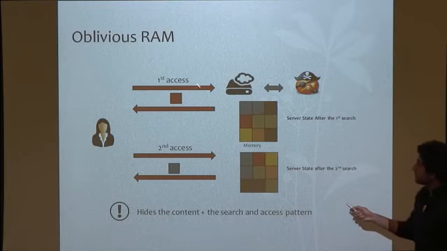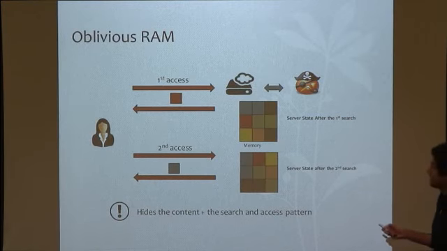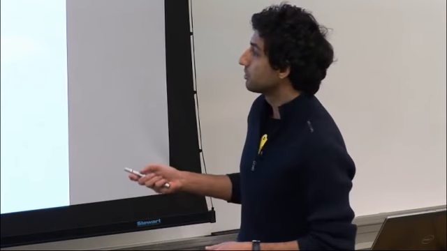Between any successive accesses, you can imagine that the data is shuffled. Some of the schemes shuffle totally, and some of them shuffle partially. The more efficient are those that shuffle partially, and they are called tree-based ORAM and hierarchical ORAM. So they are shuffling the data partially.